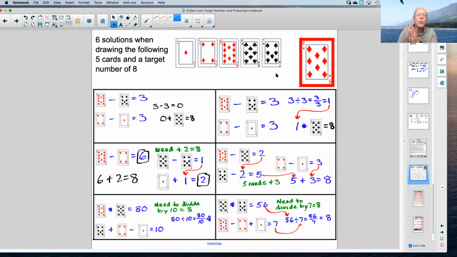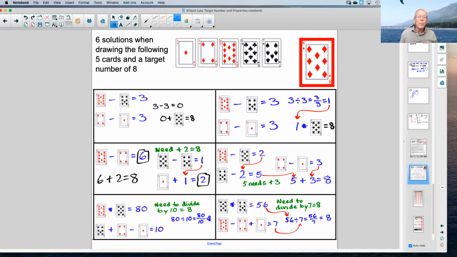When you remove those 12 cards, forget the jokers, you have now 40 cards that are not face cards: ace through 10 times 4 suits. You can play 6 rounds because it's 6 cards per round. The first 5 cards, you work with the operations, and your target number in this situation is 8.